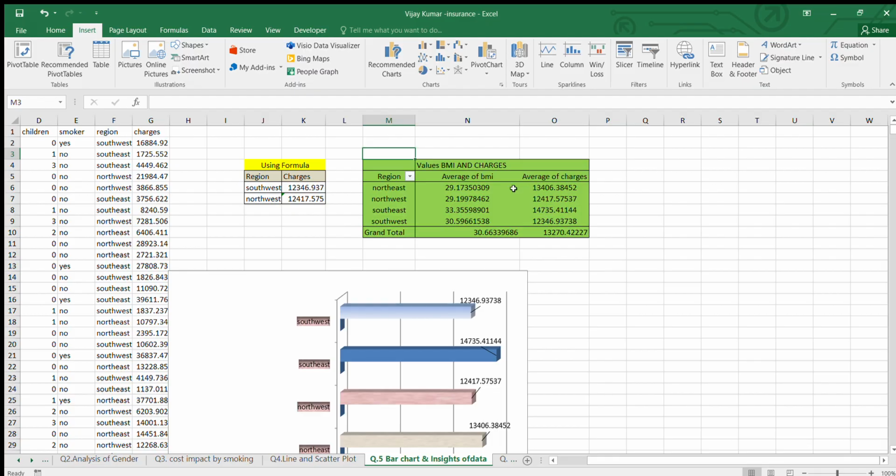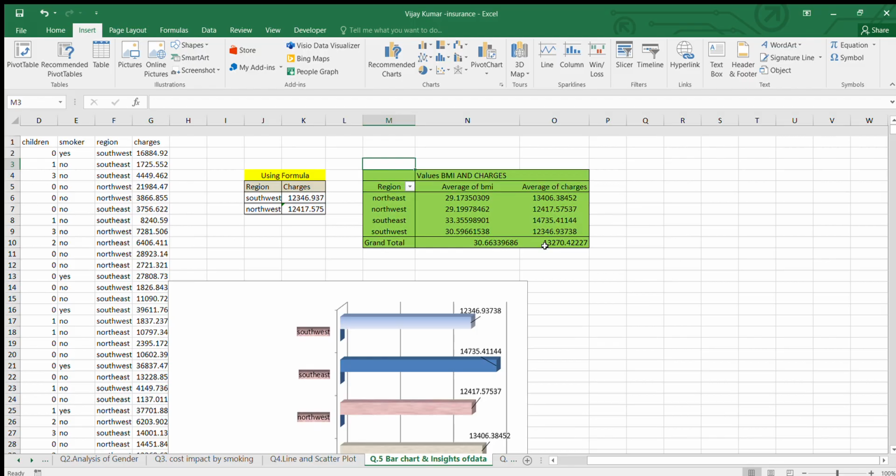Here we have applied the average of charges and average of BMI, both region-wise. The southeast region has the highest average of BMI, and the southwest region has the highest average of charges. I can say that for both average BMI and average of the charges, the southeast region has the highest.